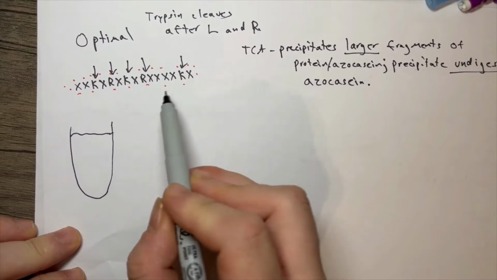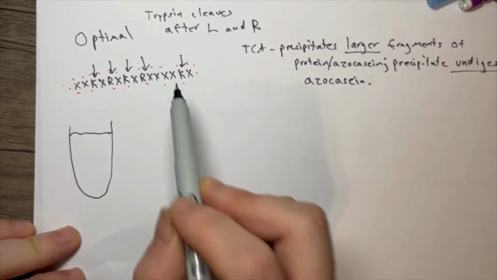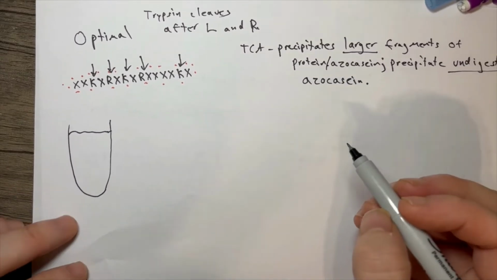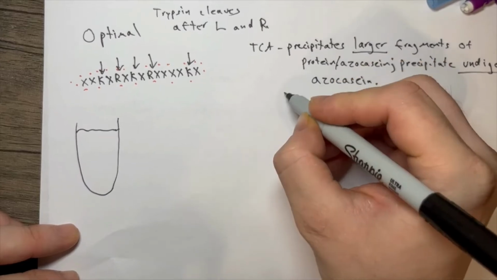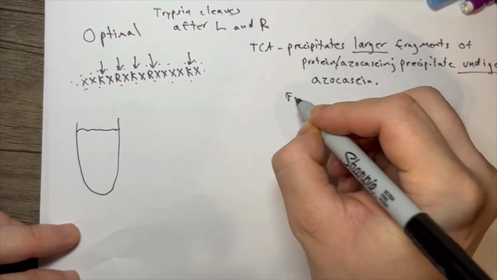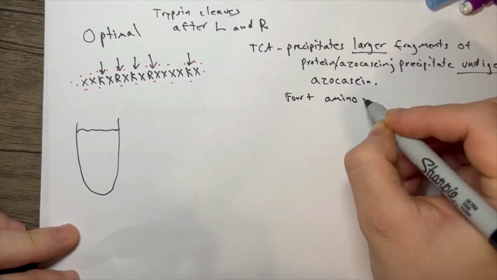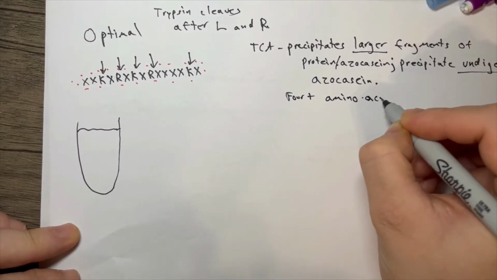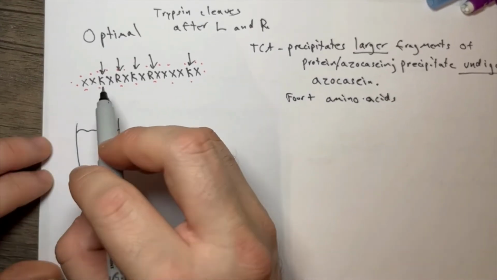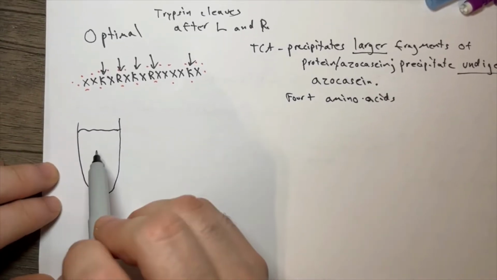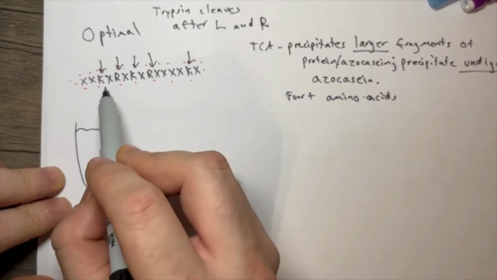So, for example, there's this larger fragment right here, right? So let's just say that TCA is able to precipitate fragments of 4 or more amino acids in length. It would precipitate this fragment. So after we add our trypsin to the azocasein and reaction buffer, trypsin would do its job.